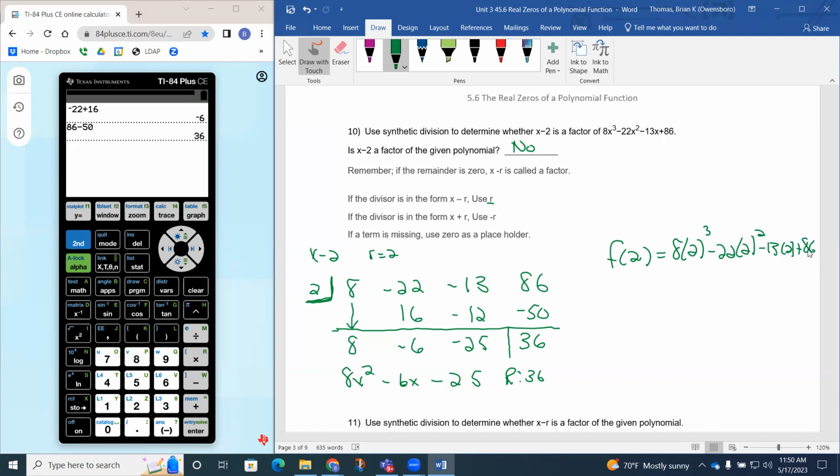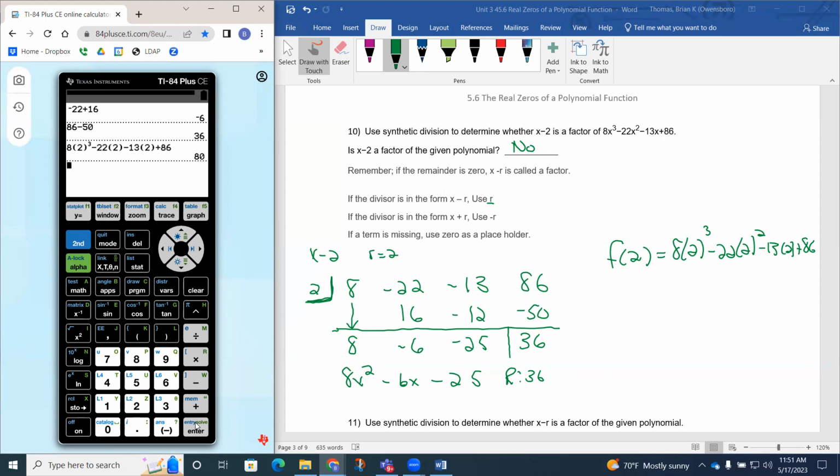If I do that math on the calculator, we have 8 in parentheses 2 cubed, minus 22 times 2, minus 13 times 2, plus 86. And we get a remainder of 80, not a remainder of 36.